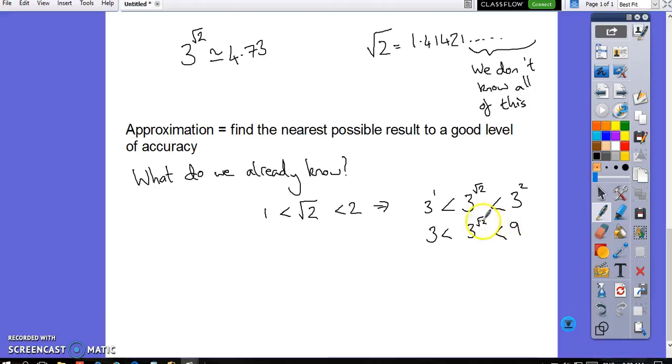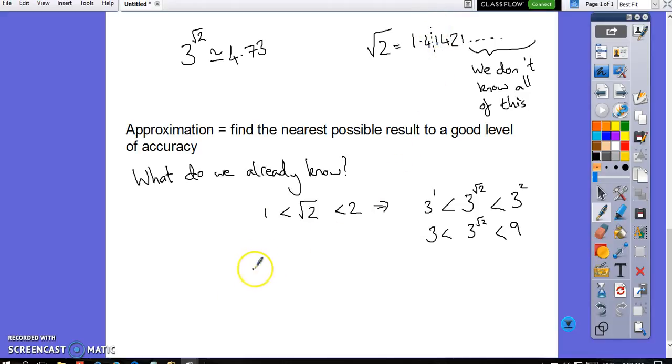So I've already found an approximation for this. However, I'm sure you'll agree that saying that a number is between 3 and 9 isn't particularly helpful for most practical purposes. So, I can go then to the next level of accuracy. I can go then to this second decimal place.